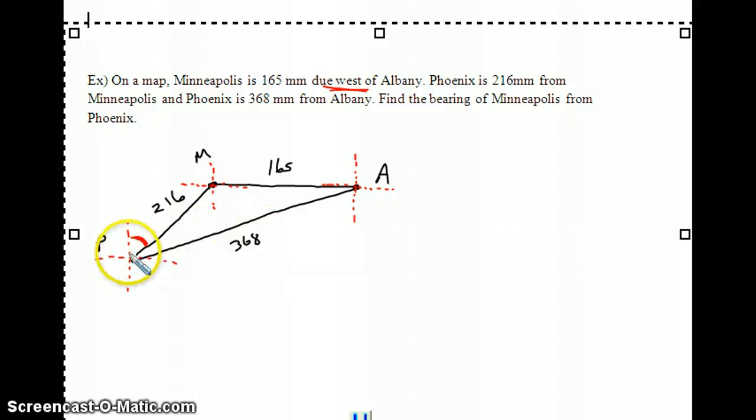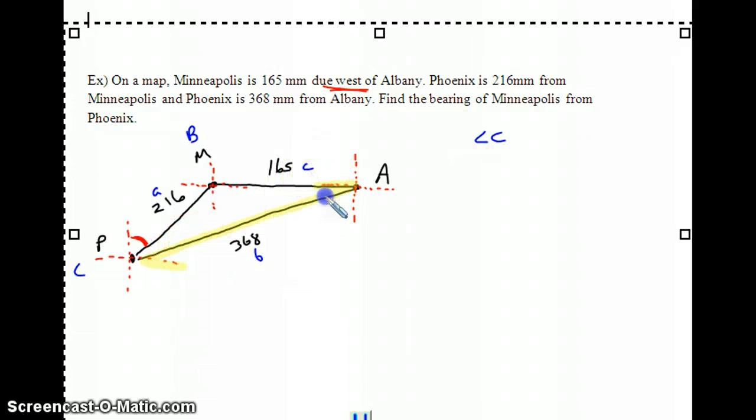So I want to find angle P, but if we label these with A, B, and C so we can use the law of cosines, we'll keep that as A, change that to B, and make this C. So this would be side C, side B, and side A. If I want to find angle C, I also need the angle outside here, which will be exactly the same as angle A. Here's why: alternate interior angles from geometry.